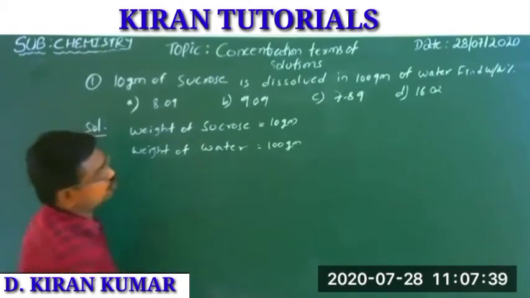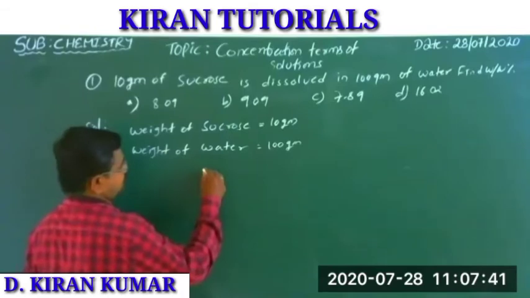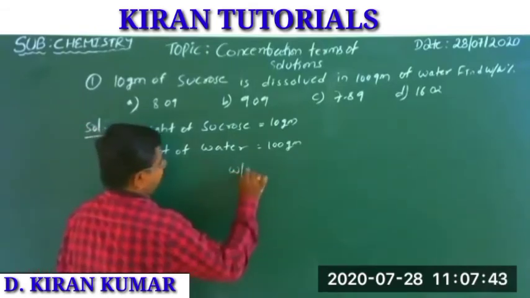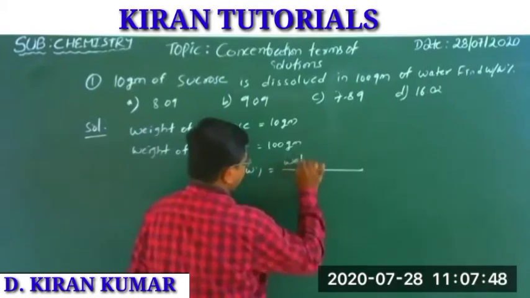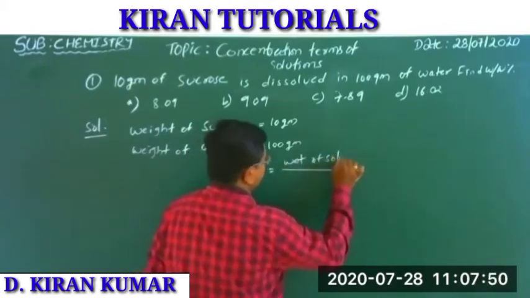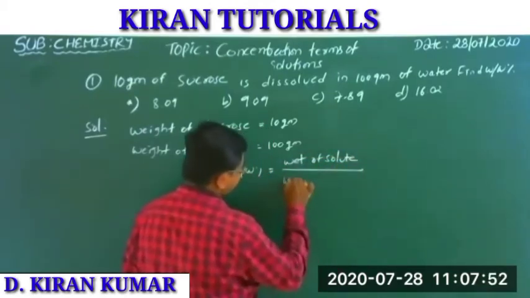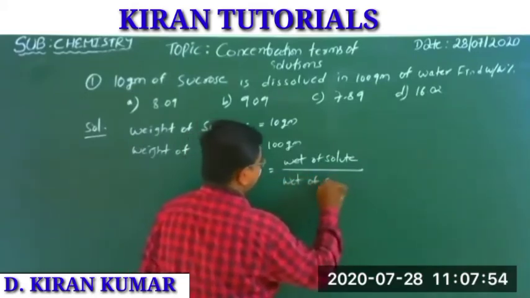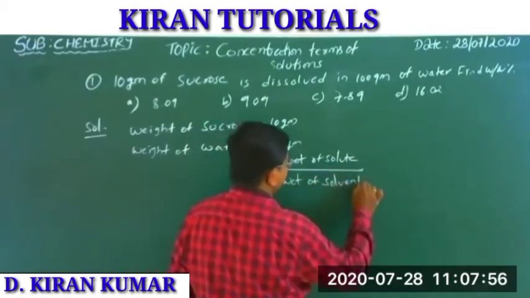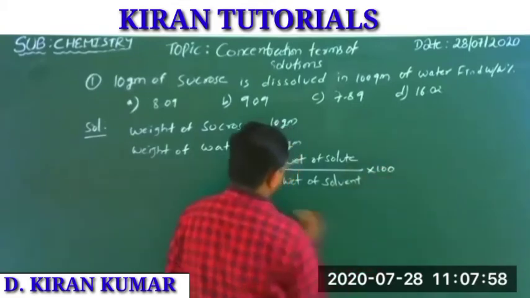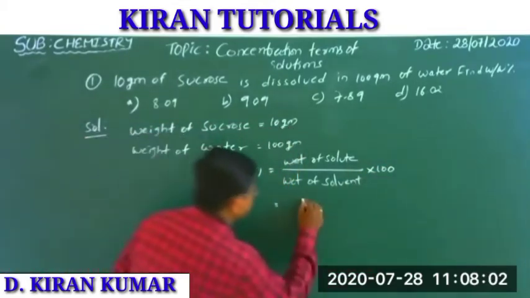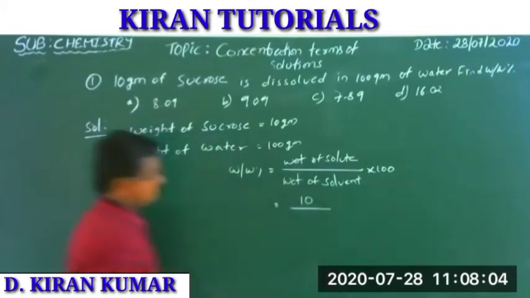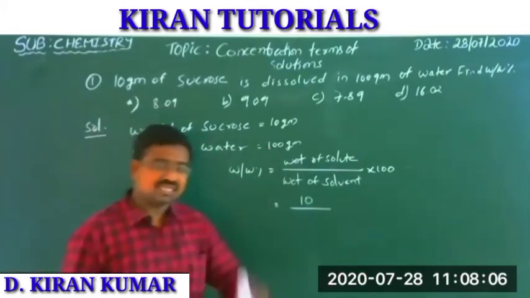We have to find the weight by weight percent. Weight by weight percent is equal to weight of the solute by weight of solvent into 100.